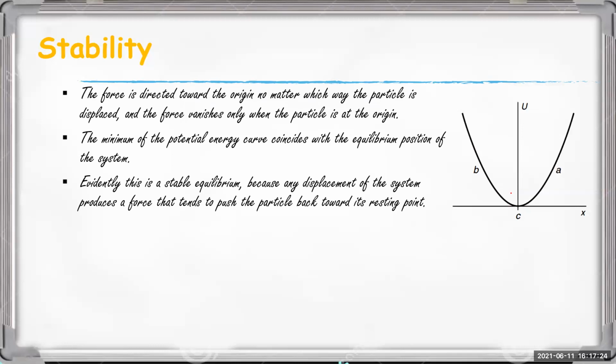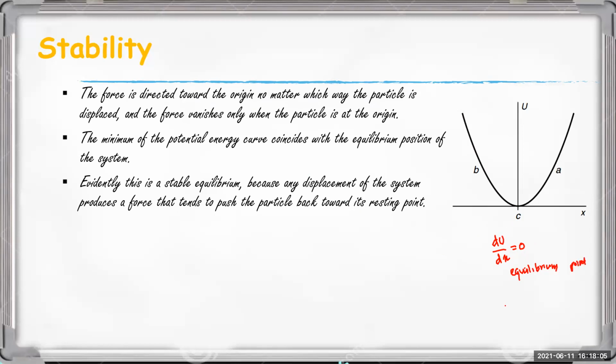Then we have to know what are equilibrium points, the types of equilibriums. If the value du by dx is 0, if the derivative of the potential energy with respect to the position is equal to 0, then it is an equilibrium point.